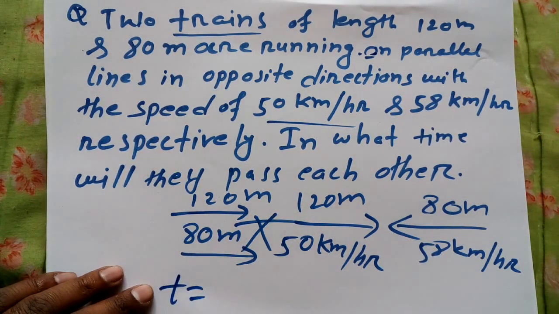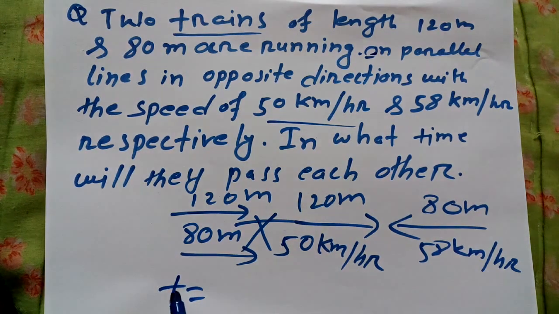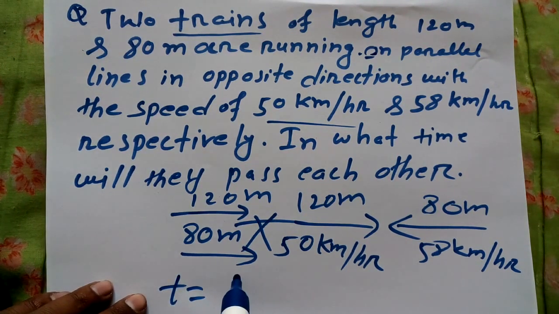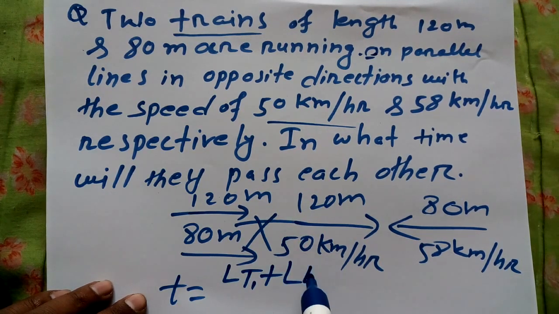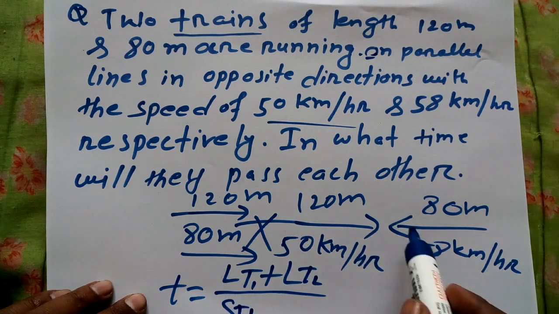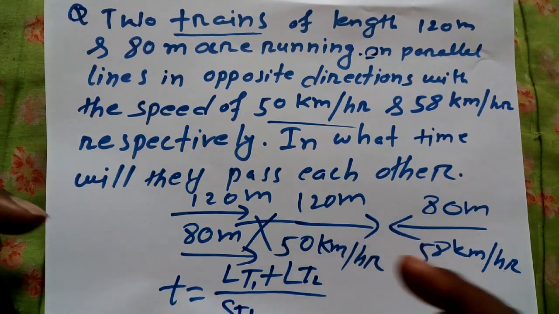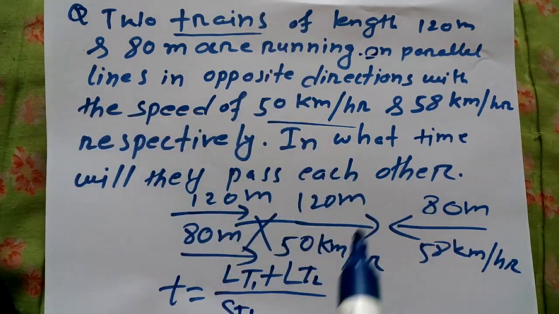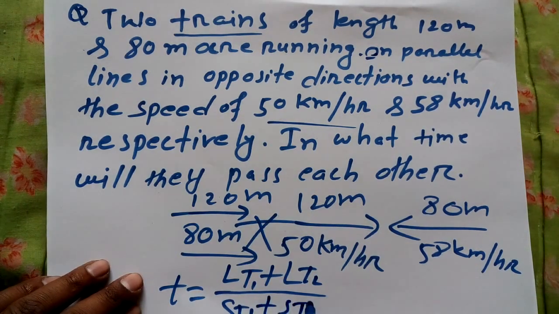Time is equal to distance upon speed. Here distance means the length of train 1 plus the length of train 2, and speed is the speed of train 1, because they are in opposite directions, so there would be addition, plus the speed of train 2.